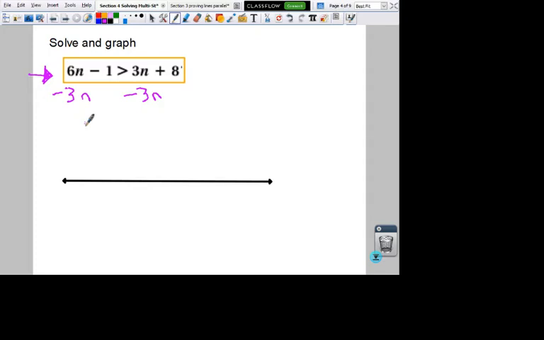All right, so Ruben is going to subtract 3 on both sides. Looks good so far. So we got 3 in. We still have negative 1. Okay, I think I did it wrong. Well, let's find out.